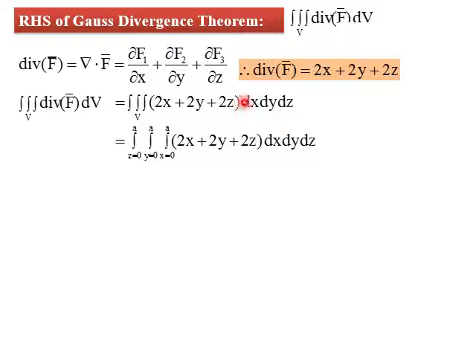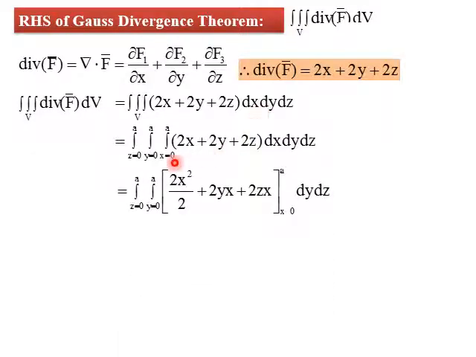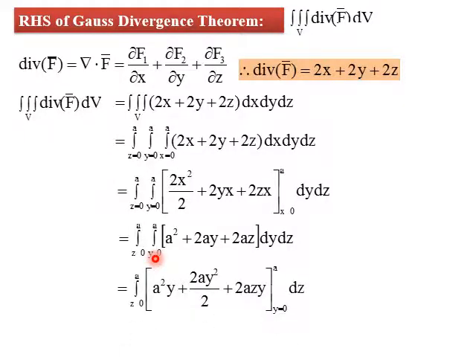Triple integral over V of divergence of f bar dV. Here the elementary volume is dx dy dz. We are not going to make any coordinate transformation because the given surface is a cuboid, a Cartesian coordinate surface. Simply integrate with respect to x first from 0 to a, then with respect to y from 0 to a, then with respect to z from 0 to a.